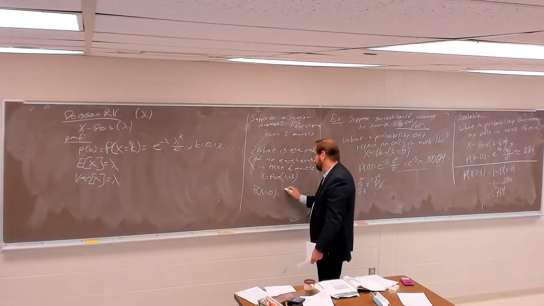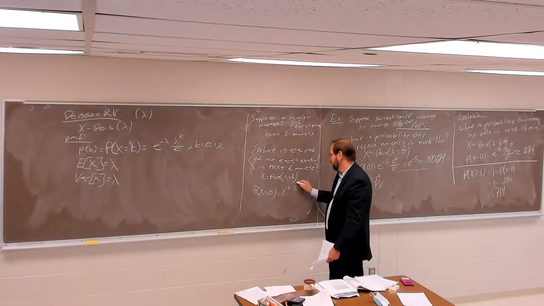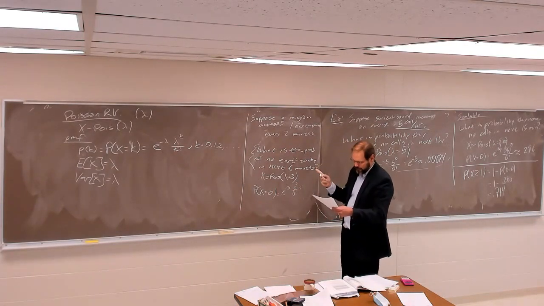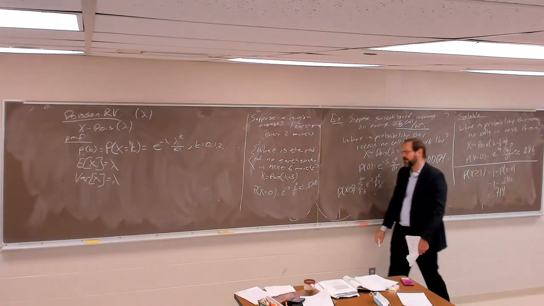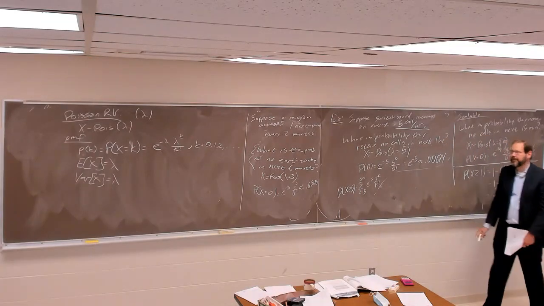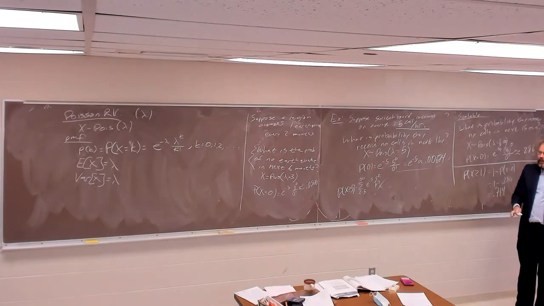And the answer would be e to the negative 3, 3 to the 0 over 0 factorial, which is e to the negative 3, approximately 0.05. About a 5% chance. Given that they occur on average 1 every 2 months, the probability that we'd have none in the next 6 months, 3 time periods, turns out to be 5%.